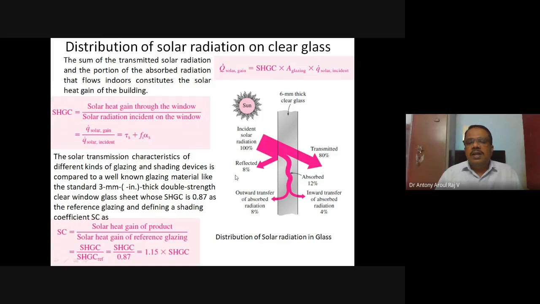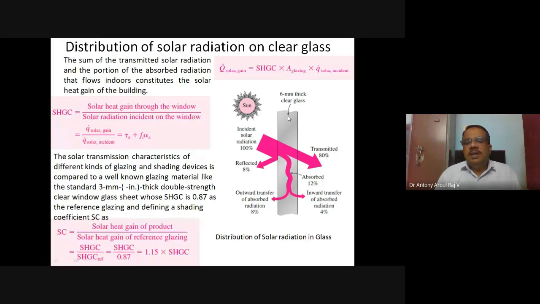Here I am taking a distribution of solar radiation in one such glass, where the solar radiation is incident on the surface. If I have 100% solar radiation, it is almost like a white glass, a 6 mm clear glass. 80% is transmitted inside, 8% is reflected, and 12% is absorbed in the glass.